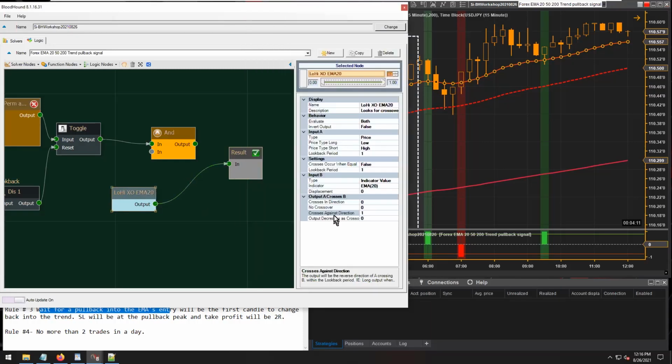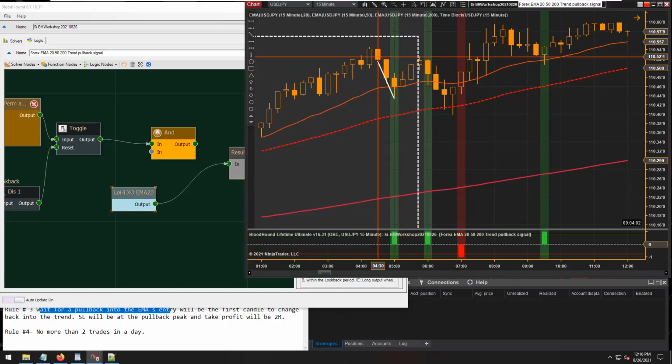So crosses against direction is going to reverse your crossover signals. So the low price crossed down, but we actually got a long crossover signal. So that's what we're looking for, right? There's our cross down. So we know that price broke the EMA 20 at least, and so now we can look for the pullback there.